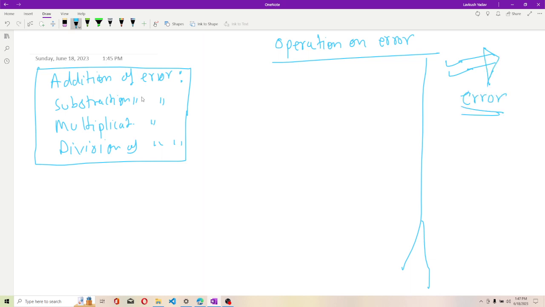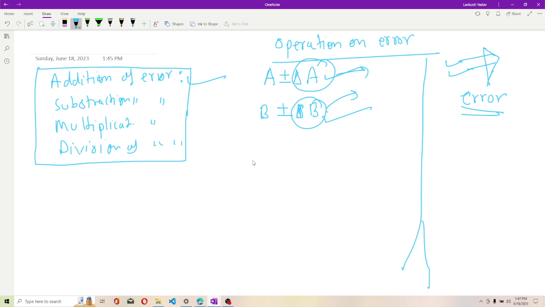So we have A plus minus delta A. The actual result is A, but there is an error denoted by delta A. So it can be written as A plus minus delta A. Suppose we have another result, B plus minus delta B. These are two absolute errors. If I want to add these two, what will be the result?